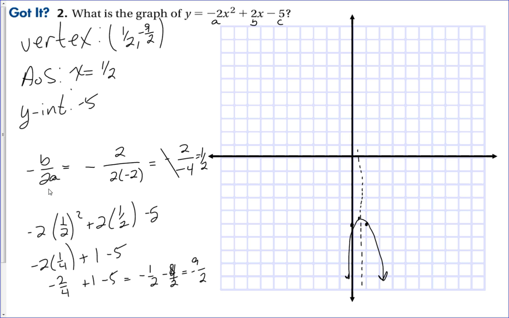And then c, which is the constant on the end, is your y-intercept. And once you have the vertex, the y-intercept, and your axis of symmetry, you're set to just mirror the y-intercept across your axis of symmetry. And then you have 3 points, so you can go ahead and draw in your parabola.